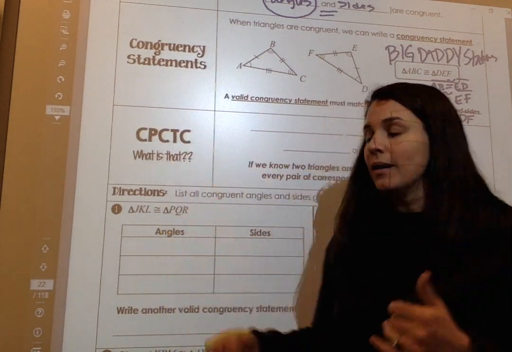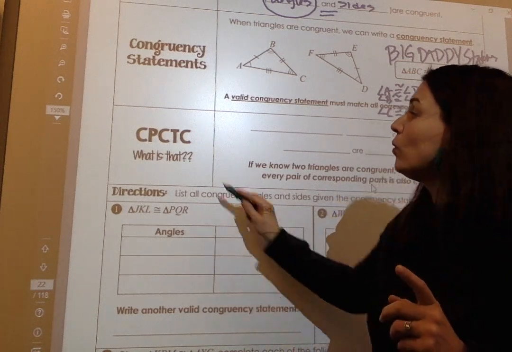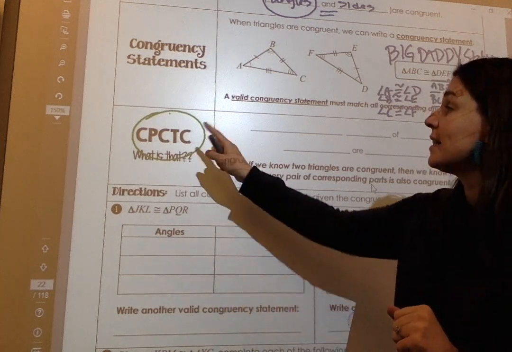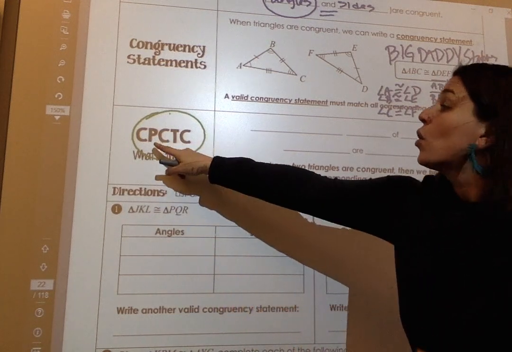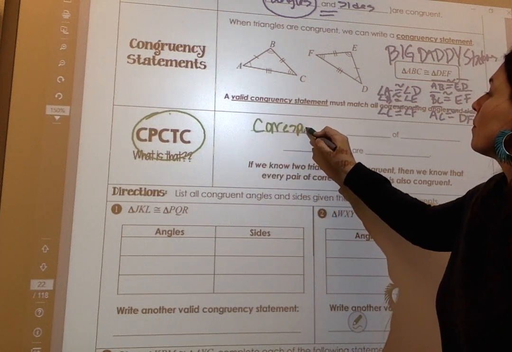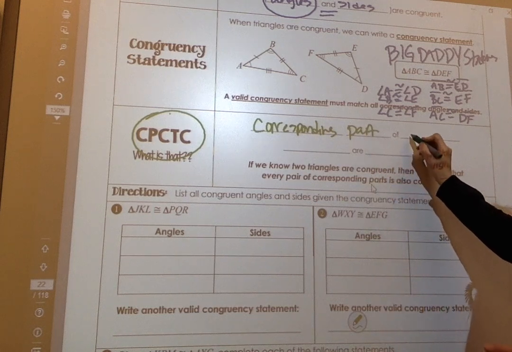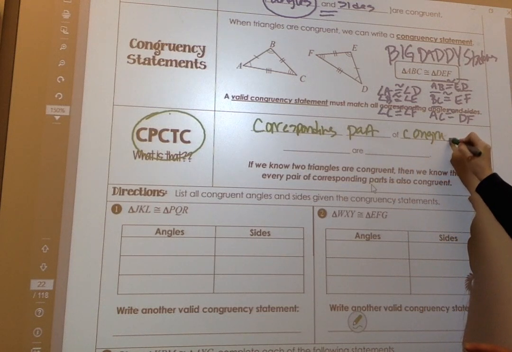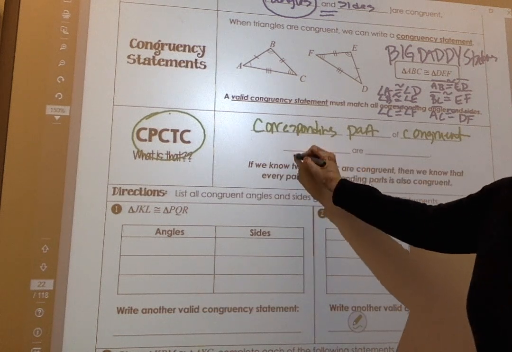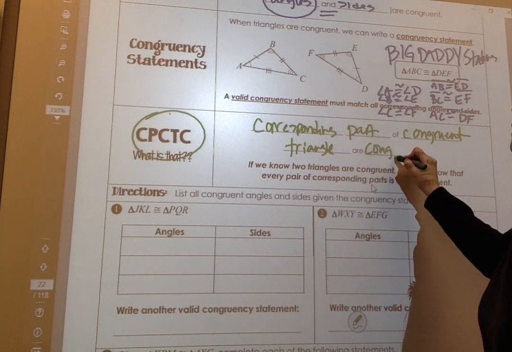All right, so CPCTC, what does it mean? You guys always want to abbreviate. This is the only valid abbreviation that you can do when we start proofs. And it's CPCTC. So notice, corresponding parts of a congruent triangle are congruent.